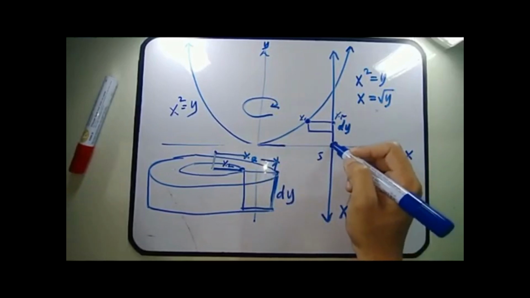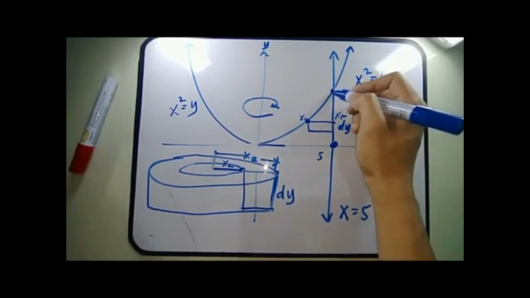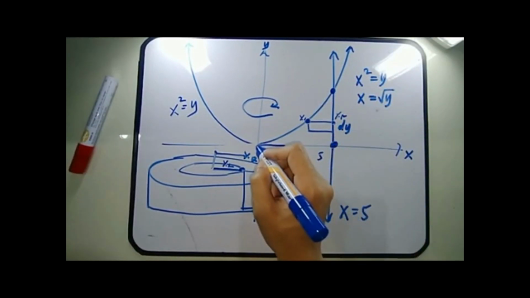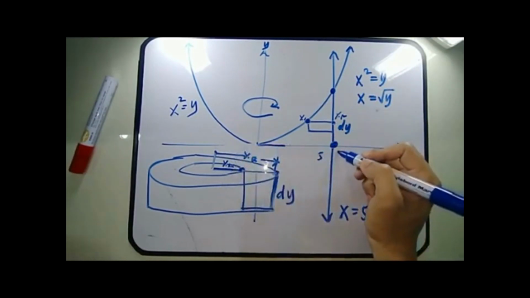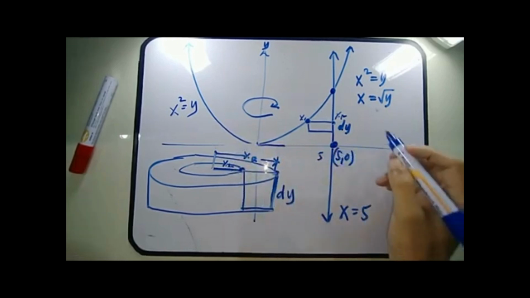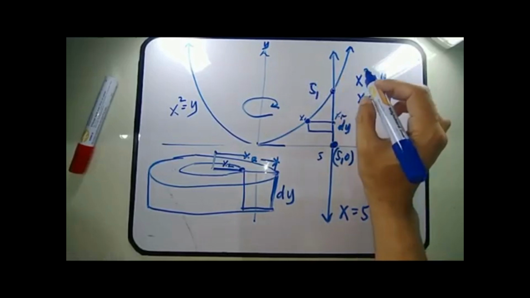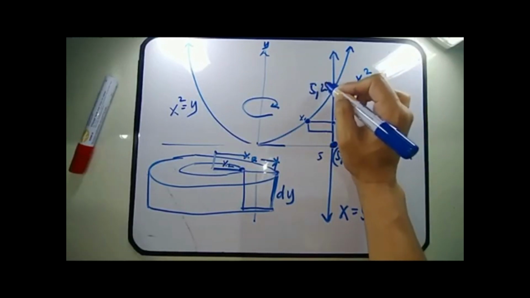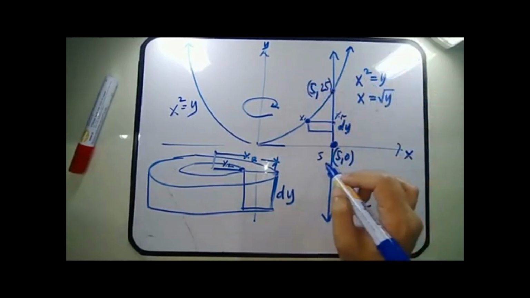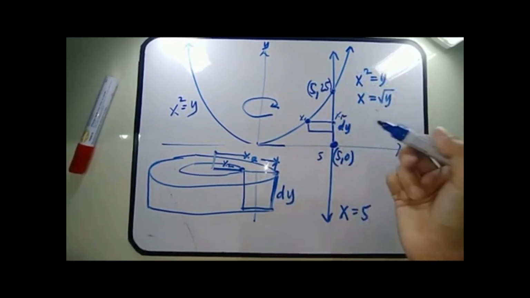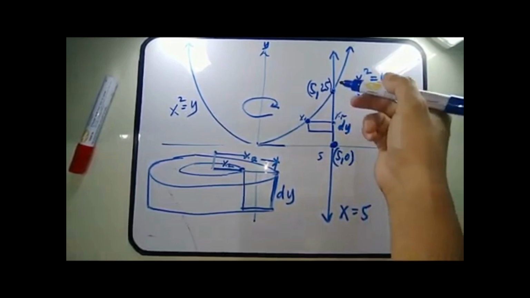Ano ang coordinates y nito and yung coordinate y nito. So, from this, you can say that this is 0. Of course, 0 siya. So, this is 5, 0. Then, this point will be, you have here 5. So, 5 squared. So, meaning this is 25. So, substitute lang natin yung 5 dito. So, we have here 25. So, 5, 25. Meaning, yung limit natin is from 0 to 25.